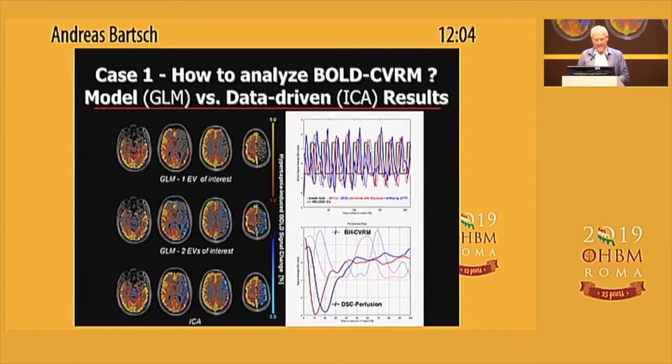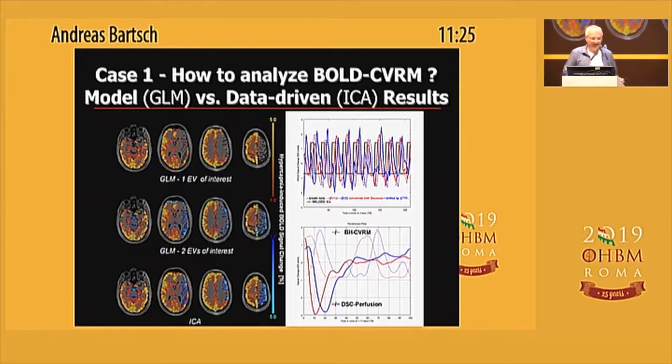Now, what do we get? And this is crucial. If we just model our BOLD CVR breath hold time series with a single EV convolved by this respiratory response function, so the breath hold commands are here in black, the first EV, the breath hold commands convolved by the respiratory response function, is the one in the dotted line in red.